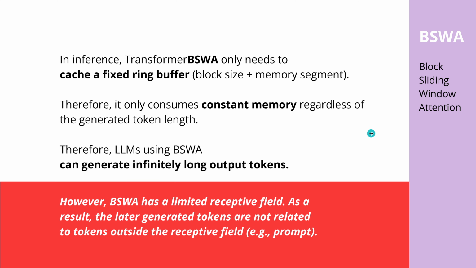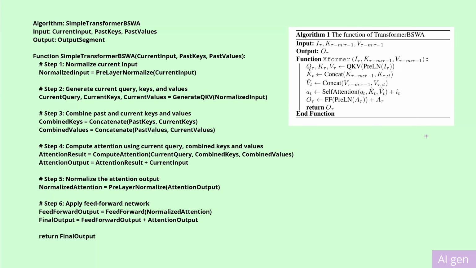Beautiful. Now, we have now a problem that this methodology has only a limited receptive field. This means that the later generated tokens are not related to the tokens outside of our receptive fields, of our specific prompt segment. So we lose information, and we do not want this to happen. Therefore, we need a new transformer idea.